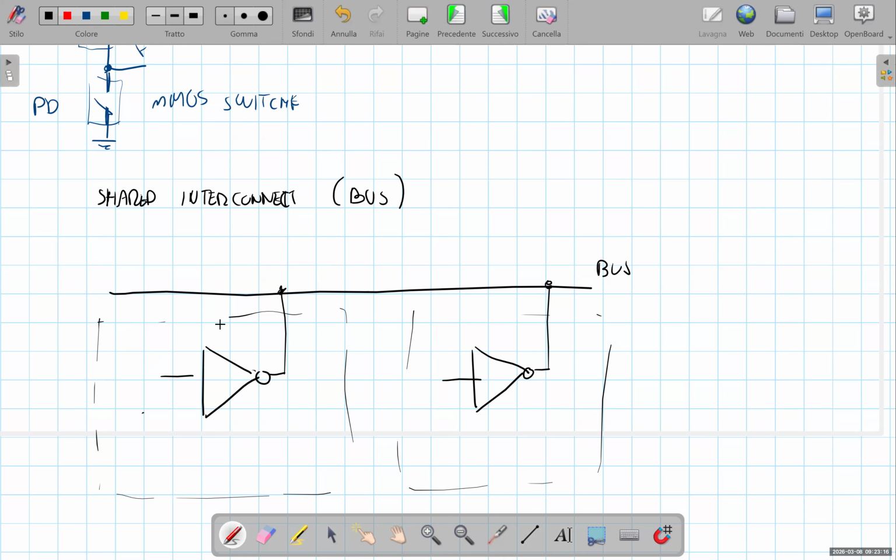In a totem pole gate we have basically two switches that connect the output either to the supply or to ground, and this is true for both gates.